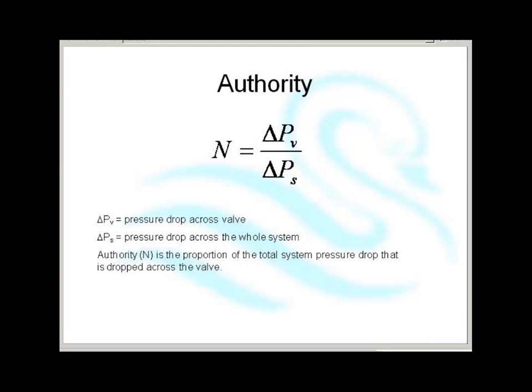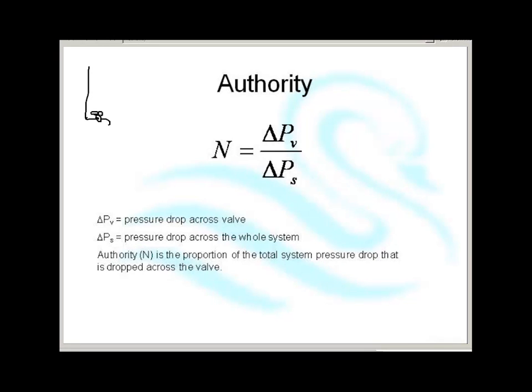It's a number. And the way we calculate the authority is it's a proportion of the pressure dropped across the valve. That's this thing. That's the pressure dropped across the valve. And that's delta PV, pressure drop across the valve, divided by the pressure drop across the whole system, where the whole system includes the valve. So for the hose pipe system, let me just draw that quickly.